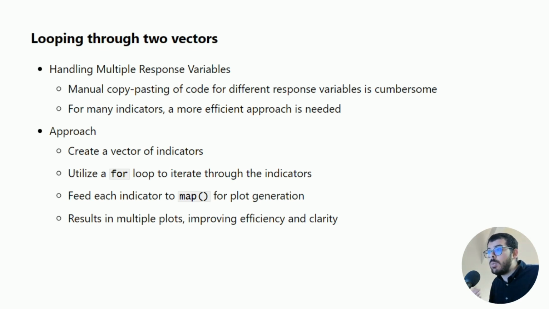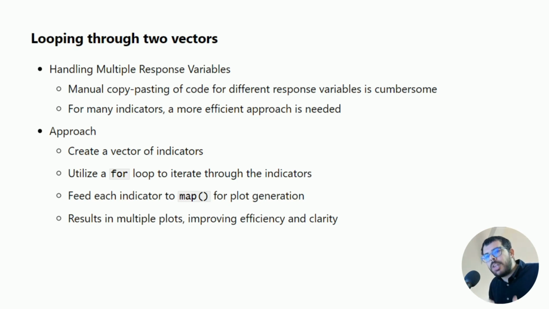One way to do it is to create a nested loop, where in the outside part of the loop we basically iterate through indicators, and within that loop we run the same code as previously. We take the regions, we map the plot Malawi function through these regions, and we indicate within the map function that we will use the indicator from the loop.